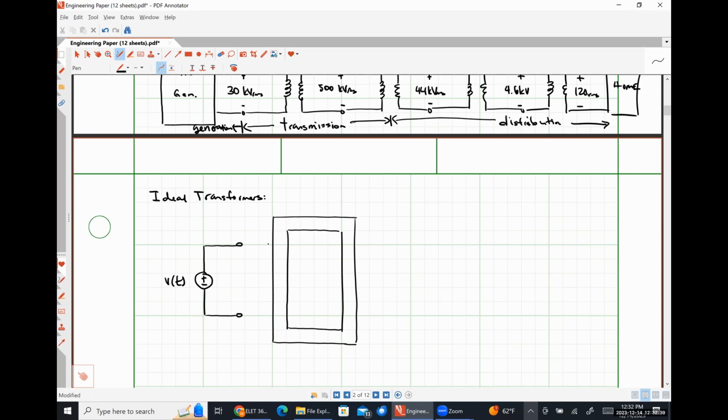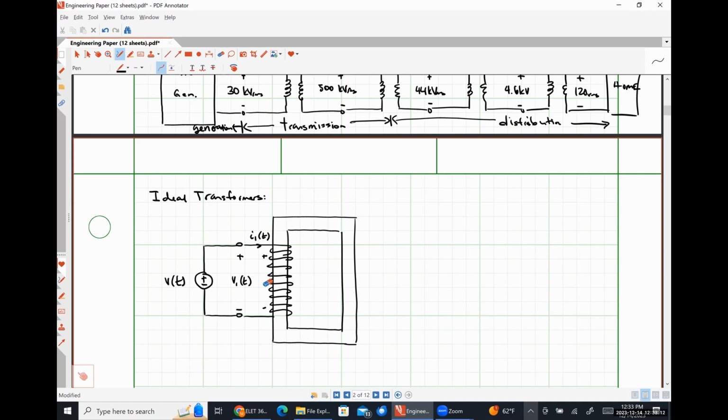That's my core, and I'm just going to wrap a wire around this. This is going to be my current I1 of t. This is my voltage V1 of t. And here, I'm going to have my voltage, lowercase, sorry, E1 of t.